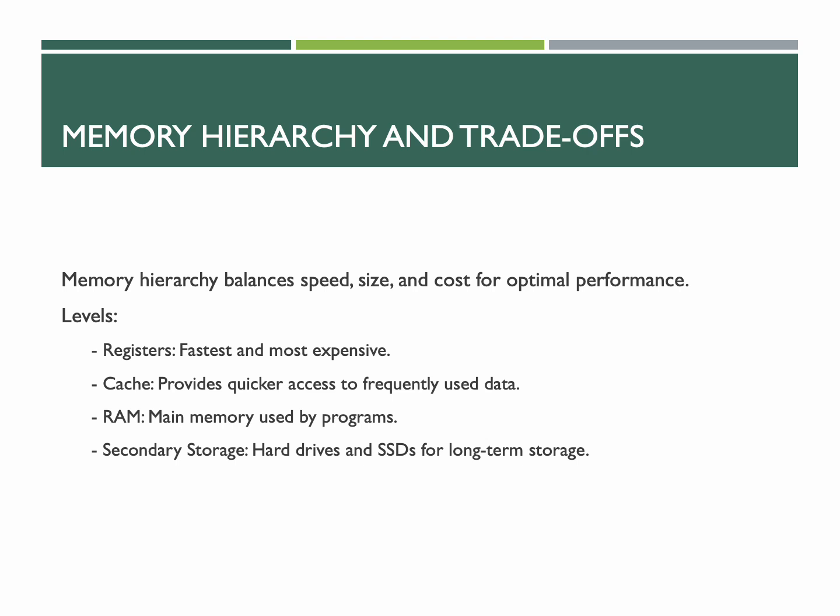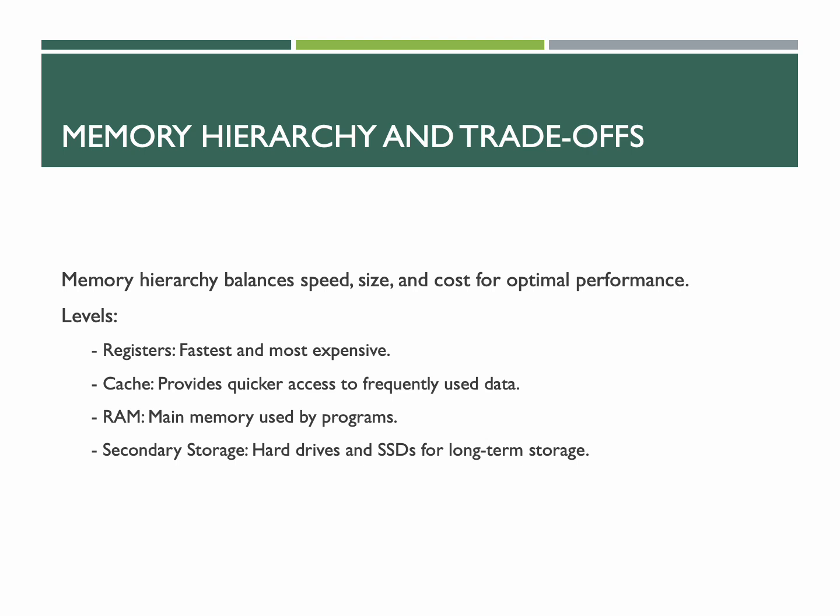Now, as you move from register to secondary storage, you'll notice that while speed decreases, the capacity and cost efficiency improve. For example, registers are extremely fast but very limited in size, while SSDs and hard drives are slower but provide vast storage capacity.